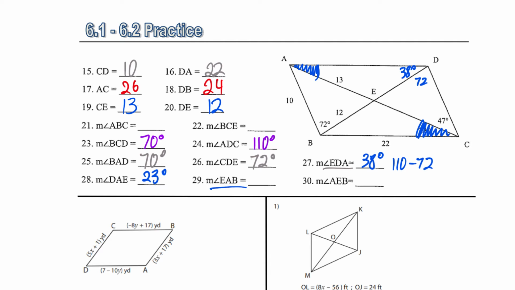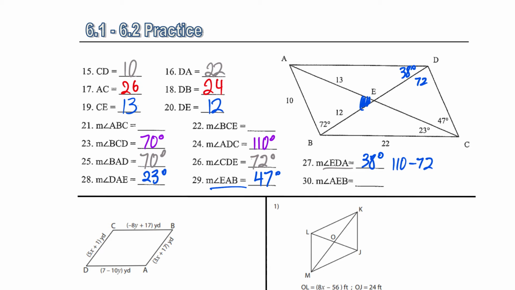Let me erase this. Angle EAB is this angle. How big is that one going to be? 47, because it's going to match up to this one. And then angle AEB is going to be this one.